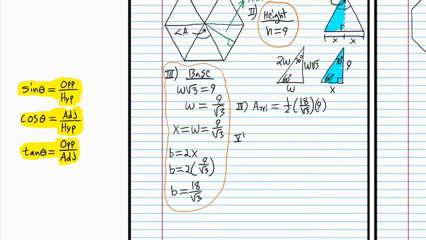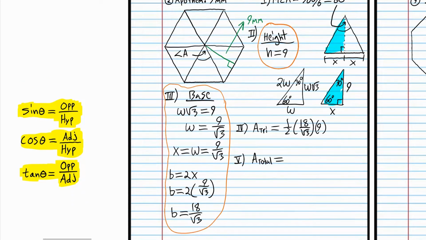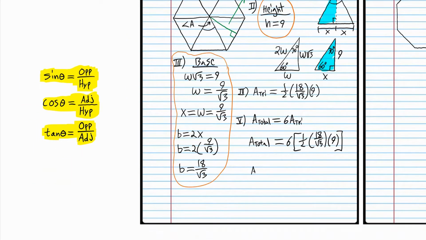And step 5, we're going to find the total area, which is, there's 6 of these, so it's going to be 6 times the area of that triangle. So the total area is equal to 6 times all that stuff that we wrote up there for the area of that first triangle. And now the total area is approximately equal to, and we can just get our calculator out.